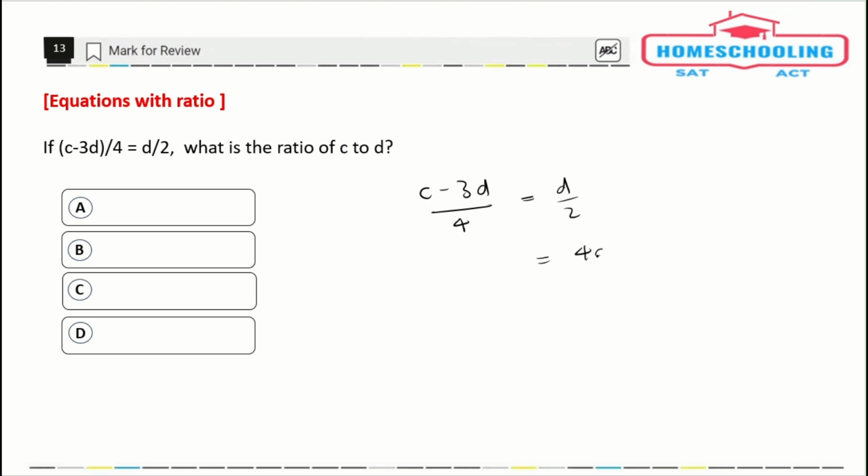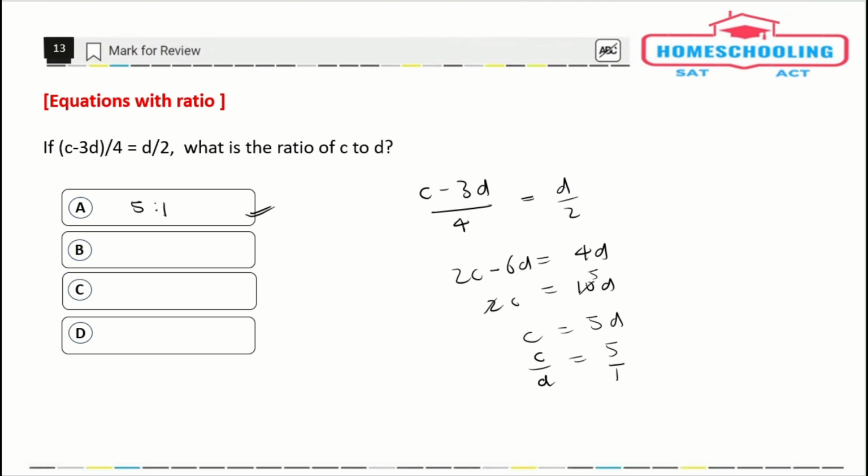So this side would be 4D and this side would be 2C minus 6D. So that would be 10D equals 2C, so C is equal to 5D. So C divided by D is 5:1. I forgot to give the options here. So 5:1 would be your correct answer.